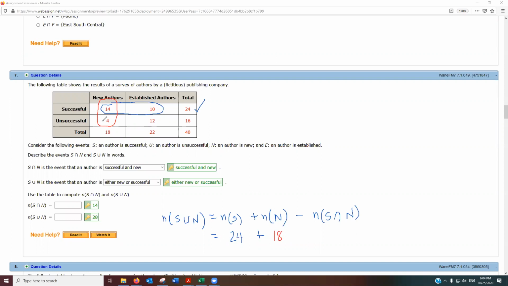So 14 is in the blue row, but it's also in the red column. So I just double counted 14. Well, I've got to subtract out that double count. And 14 is the number of authors that are successful and new. But you remember this was the formula where we have to subtract out that successful and new to avoid the double count. So if I work this out, this works out to be the number 20.